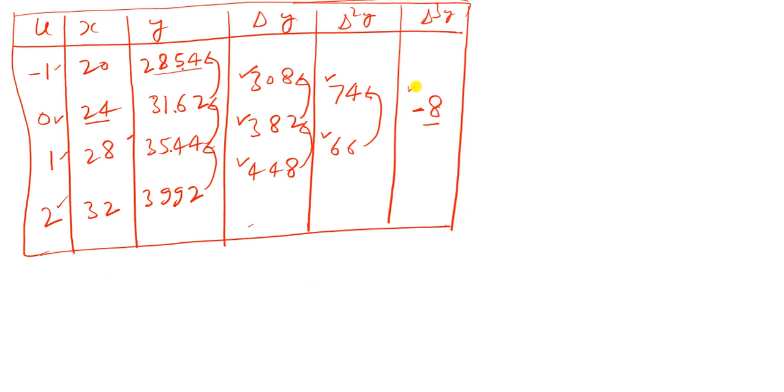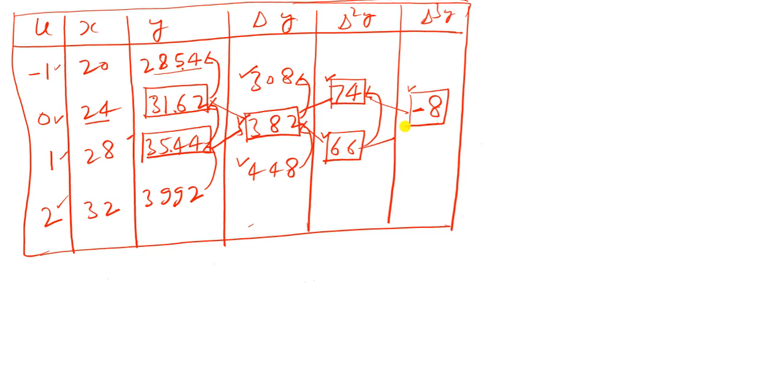So this is y0, this is y1, then this value is del y0, then this value is del 2y minus 1, and this is del 2y0, and this is del cube of y minus 1.